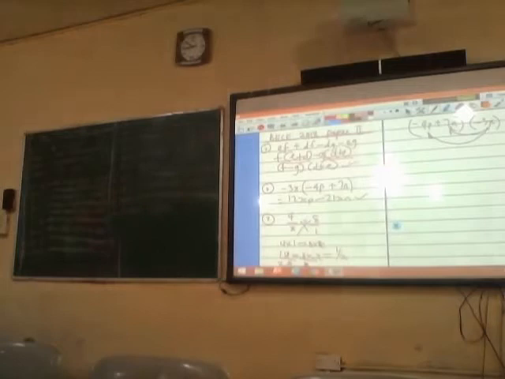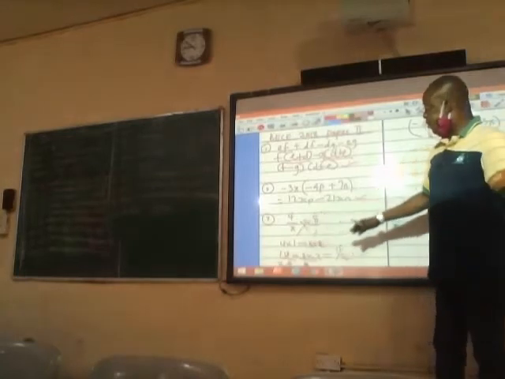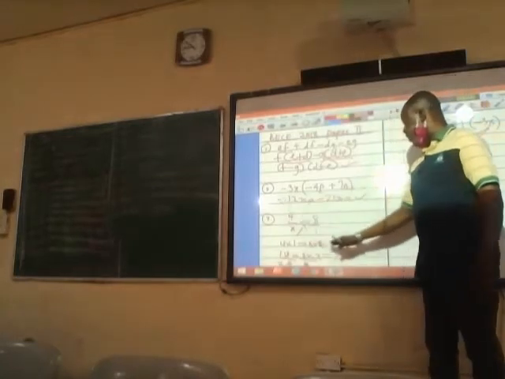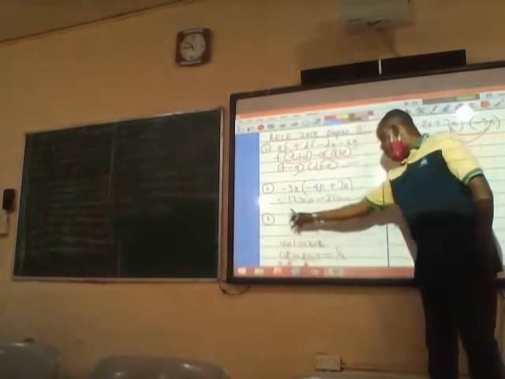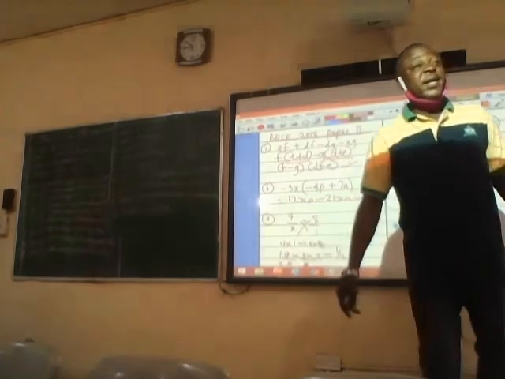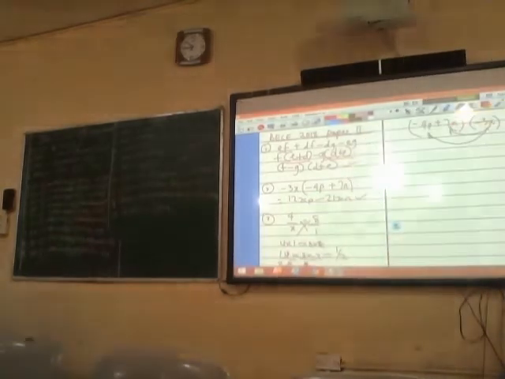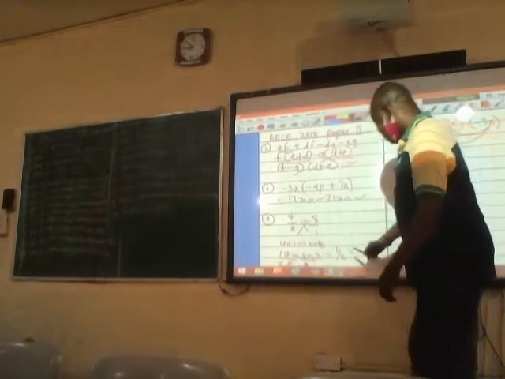So then she made the right answer as well a fraction by putting 1 as the denominator. And cross multiplied. 4 times 1, then 8 times x. 4 times 1 is 4. 8 times x is 8x. Then to get the value of x, divide both sides by the coefficient of x at that point, and that is 8. So she divided both sides by 8. Let me assist you to write it well.